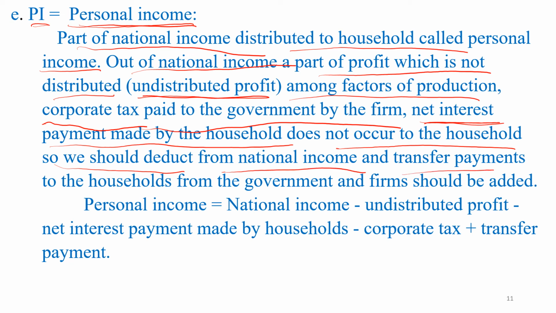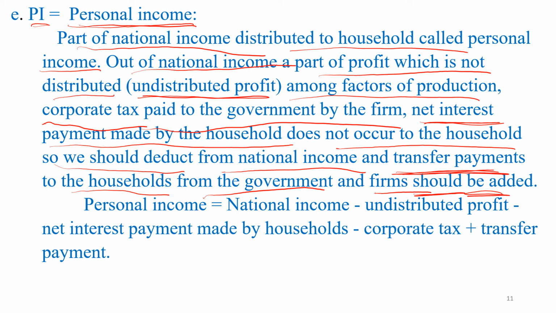And we should add transfer payments to the households from the government or from firms, and that should be added to national income. Transfer payment: without performing any work, if money is transferred from one person to another person, or from government to a person, or from a firm to a person, we call it transfer payment.